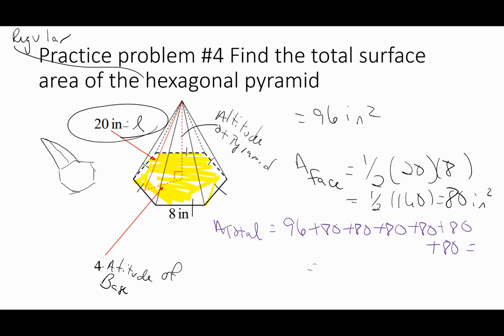So 80 times 6 plus 96 gives us 576 inches squared.